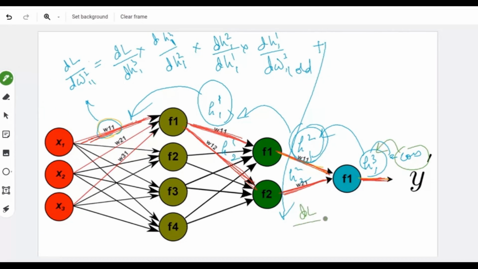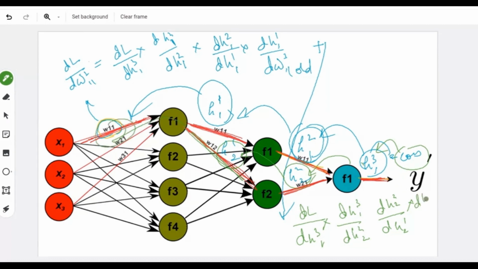So differentiation of loss with respect to differentiation of H31 into, now this differentiation you have to differentiate it with this. And this is then followed by this output differentiation. And finally you have this path complete, you reach here to this weights.